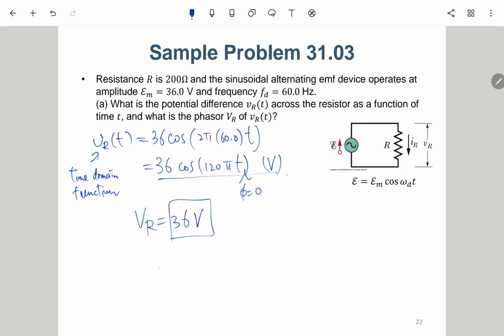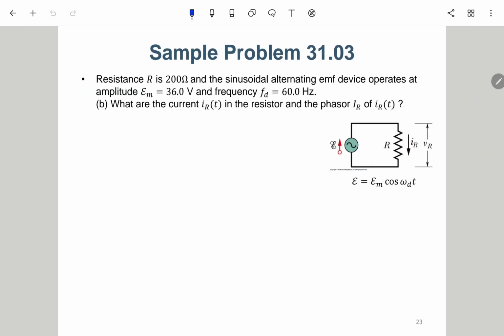So this is actually 36 exponential to j0, and this is nothing but 1, so this is 36. This is why VR is 36: not only taking this number, but also considering the phase. Although this is just a resistor, so all the things will be real values, you don't see what is going on here.